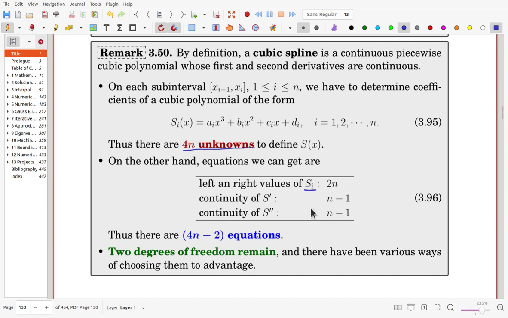So here we have another n-1 equations. However, we have only a total of 4n-2 equations. 2 equations are missing, so the user should provide 2 extra equations. We'll see examples of such additional equations.